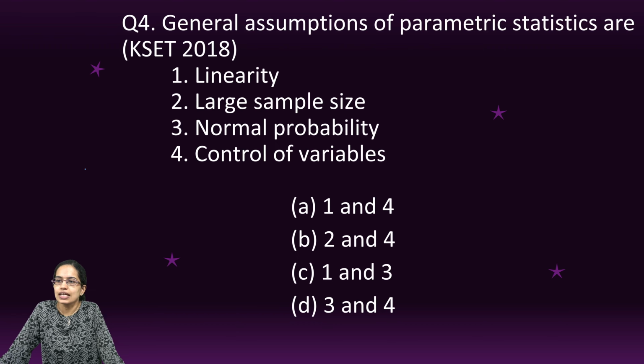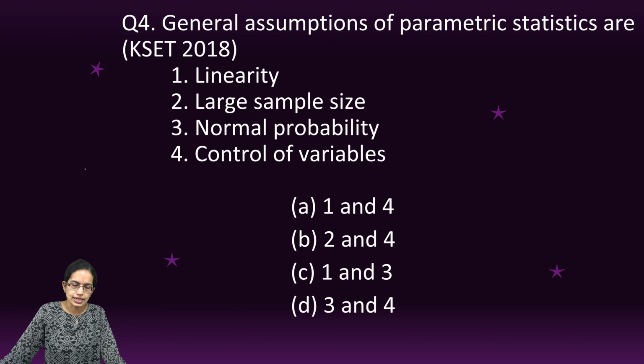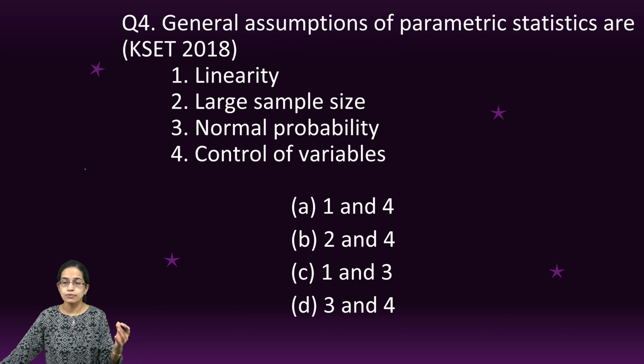The next is general assumptions of parametric statistics. Now a parametric test is a test where you have assumptions about the parameters which define the properties of the population distribution. So there are certain parameters that we take into account. The first is normality, which talks about a normal probability curve. The next is homogeneity of variance. So variance should be similar, it should be homogeneous in nature.